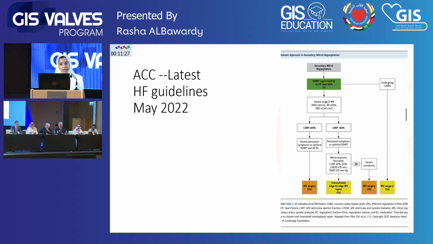One thing to highlight is that it's given as a primary intervention for those who have an EF between 20 and 50% and not a significantly dilated LV, with an LV end-systolic dimension less than 70. Keep in mind that surgery was not put in as a primary, so even those who are surgical candidates can still go for transcatheter edge-to-edge repair because of the latest recommendations.